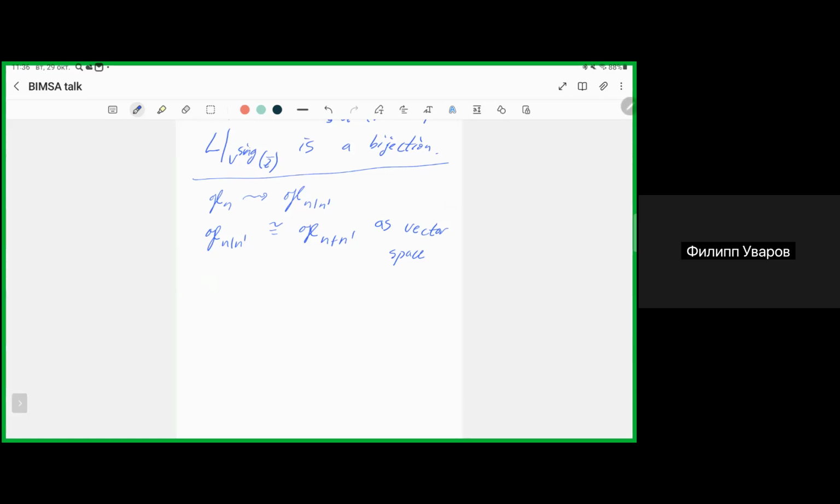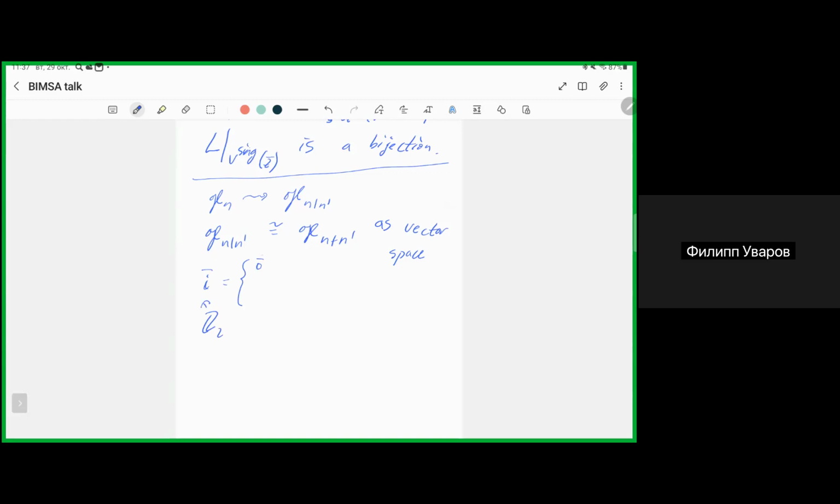Namely, I need to introduce this notation, i bar. What is this? So i runs from 1 to n plus n prime, and so this is 0, right? So this is an element in Z2, I'm thinking of.